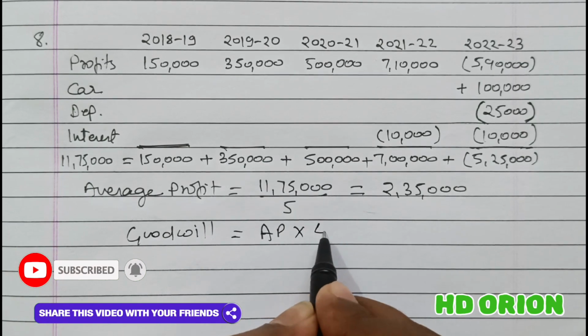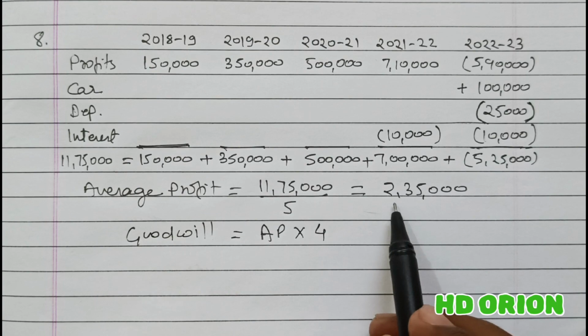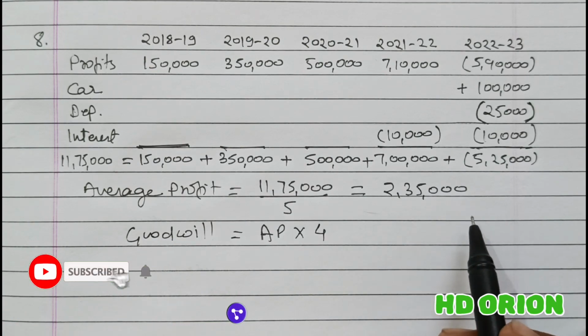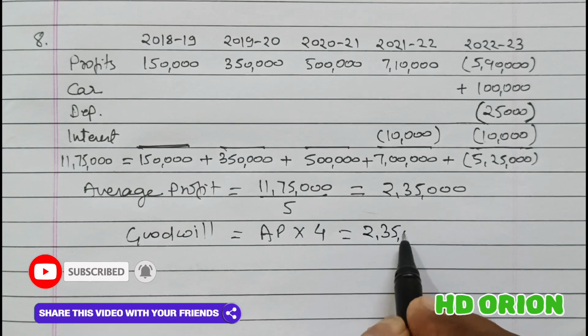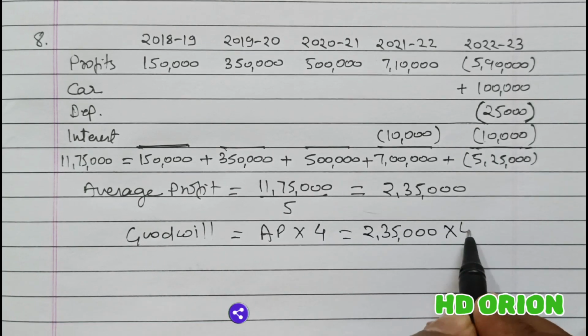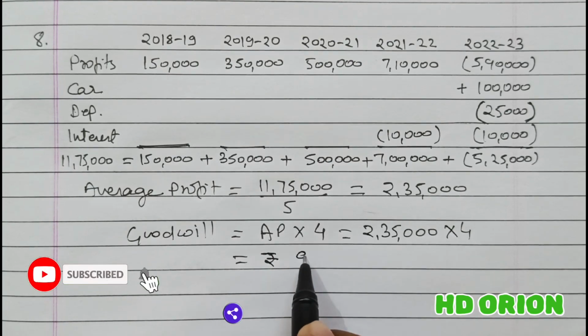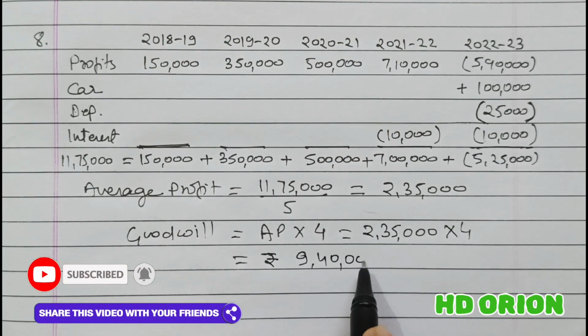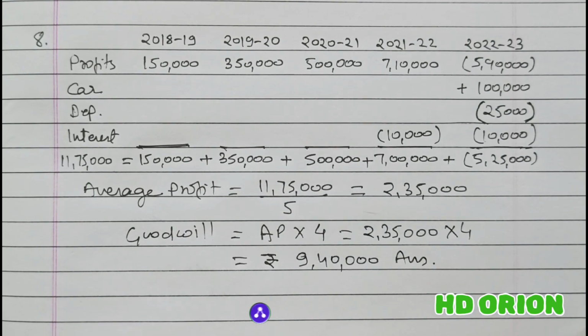Average profit into 4 years purchase means the firm is expecting the same average profit in the next 4 years also. So it is 2,35,000 multiplied by 4, and the amount of goodwill is rupees 9,40,000. This is the answer.